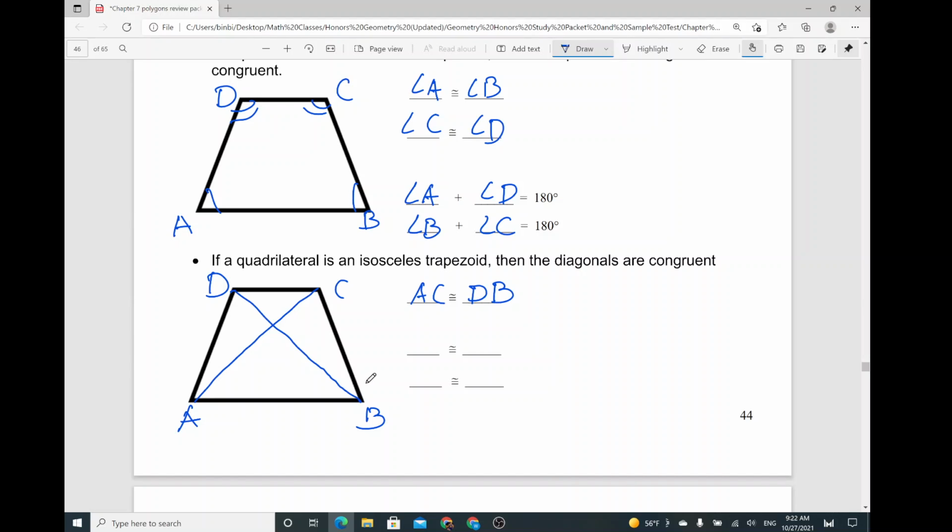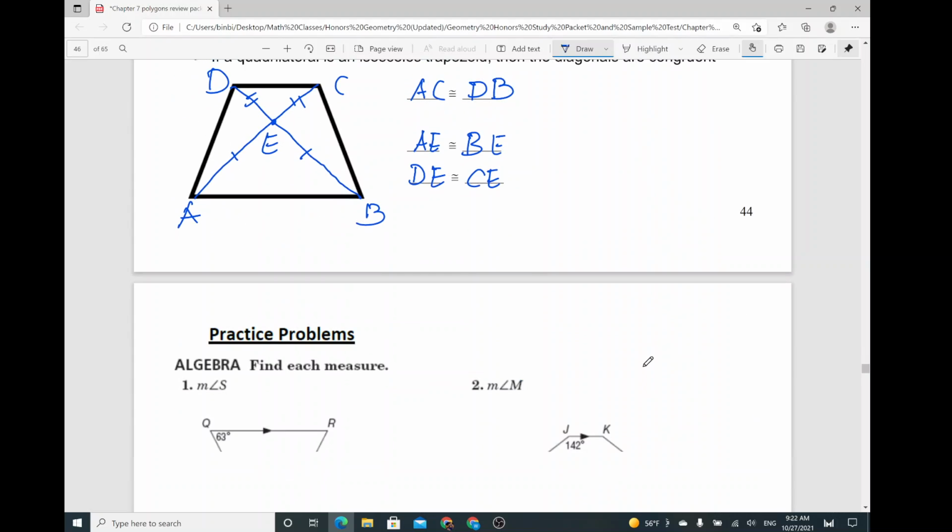Or we can say, at this point of intersection, let's say E, segment AE is congruent to segment BE, and DE is congruent to CE. And the measure of the entire diagonals are always congruent to each other.